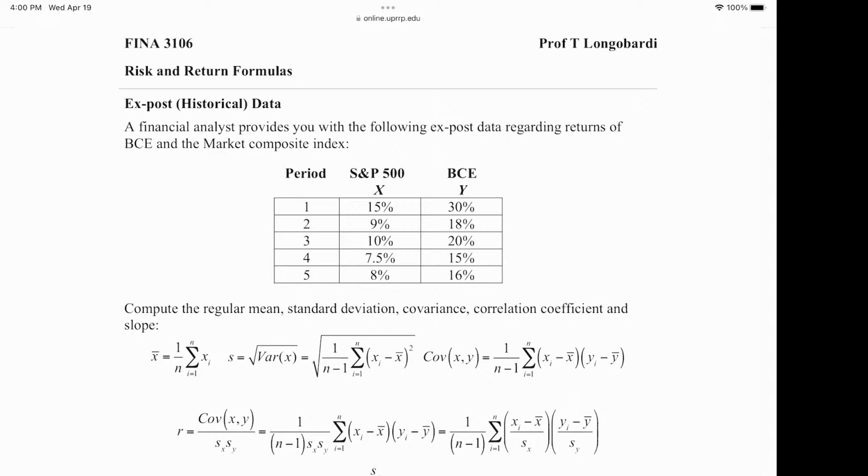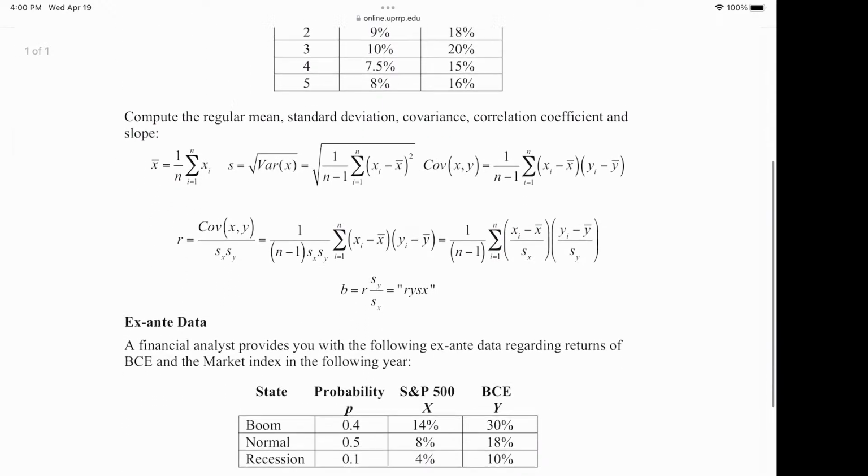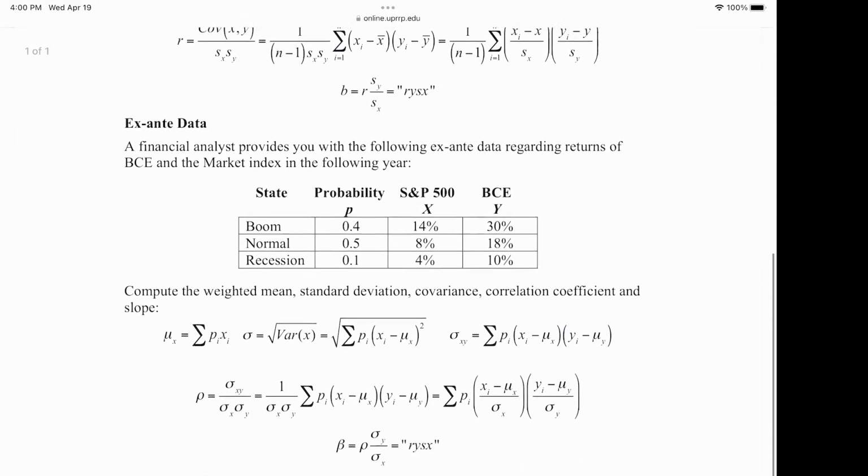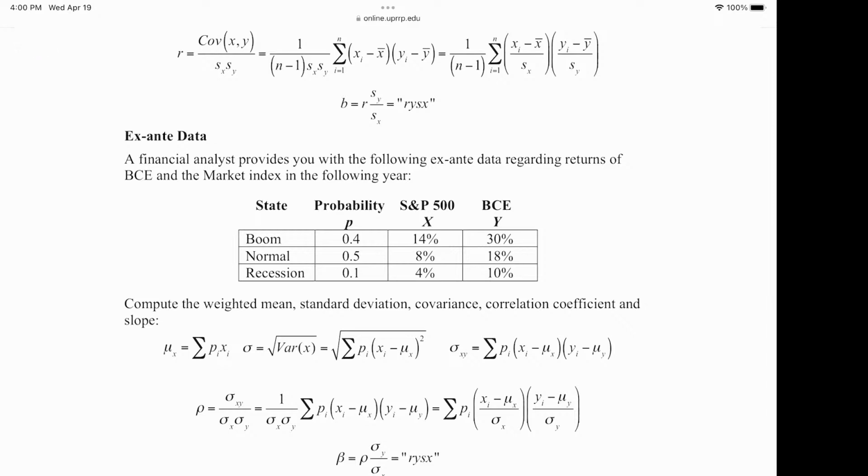Okay, so nobody knows why X is S&P 500 and BCE is Y. All right, so I'll make sure I mention that. And then here is another way to see the data and the statistics that are equivalent to those above.